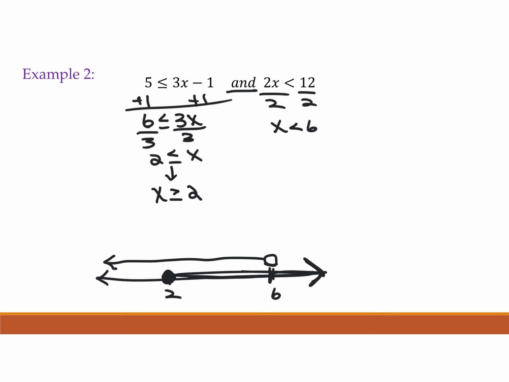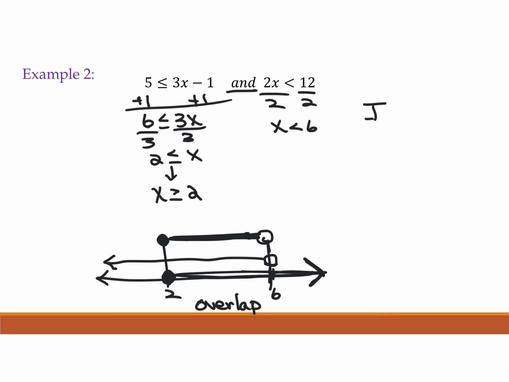In an and, my solution is going to be the part that overlaps. And the part that overlaps is between 2 and 6. So my solution to this problem is going to be a closed circle on 2, an open circle on 6, and everything shaded in between.